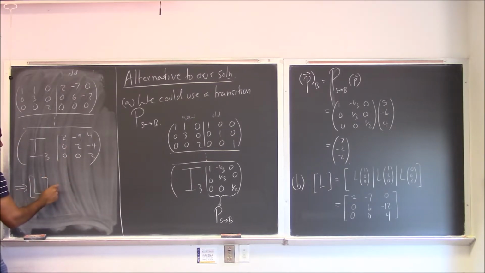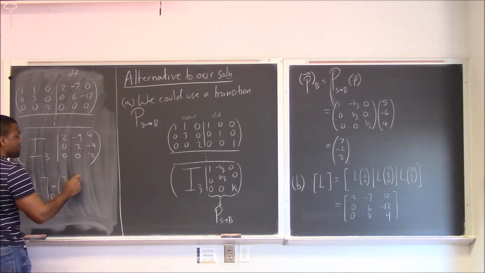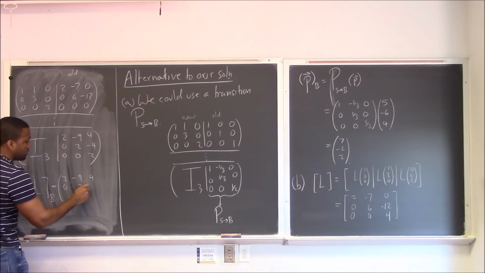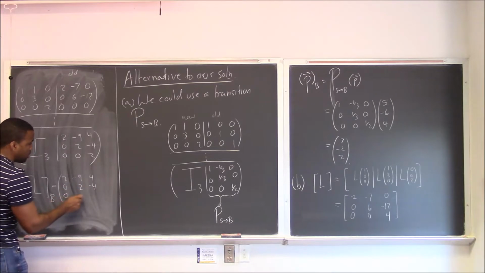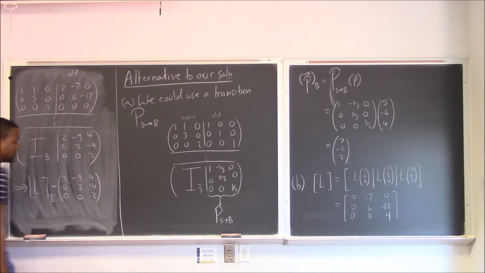That would give us in terms of the basis B. Now, of course, you have to write out the details here. I'm just giving you an outline for the proof. You have to do this.